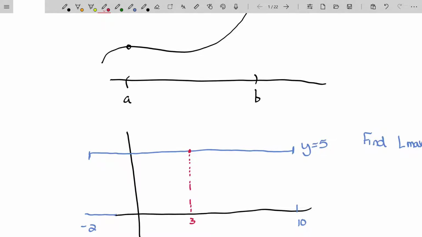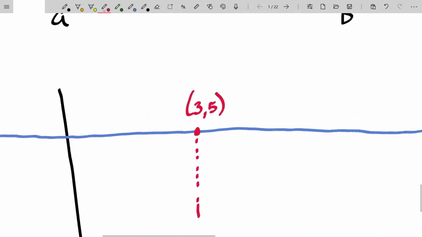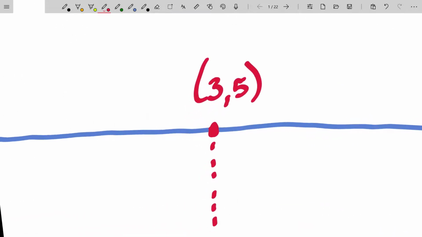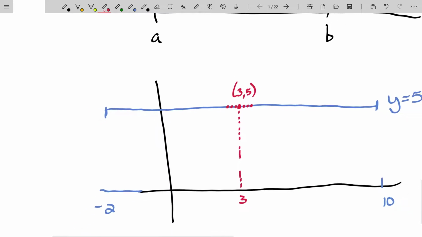I hope everybody agrees with that. And I hope you also agree that that height of 5 is greater than or equal to all neighboring heights. It's actually equal to all neighboring heights. So it turns out 3 is a local maximum, but so is 2.9 and 2.8 and 2.7 and 3.1 and 3.2 and 3.3. In fact, everywhere on that line from -2 to +10 is a local maximum.